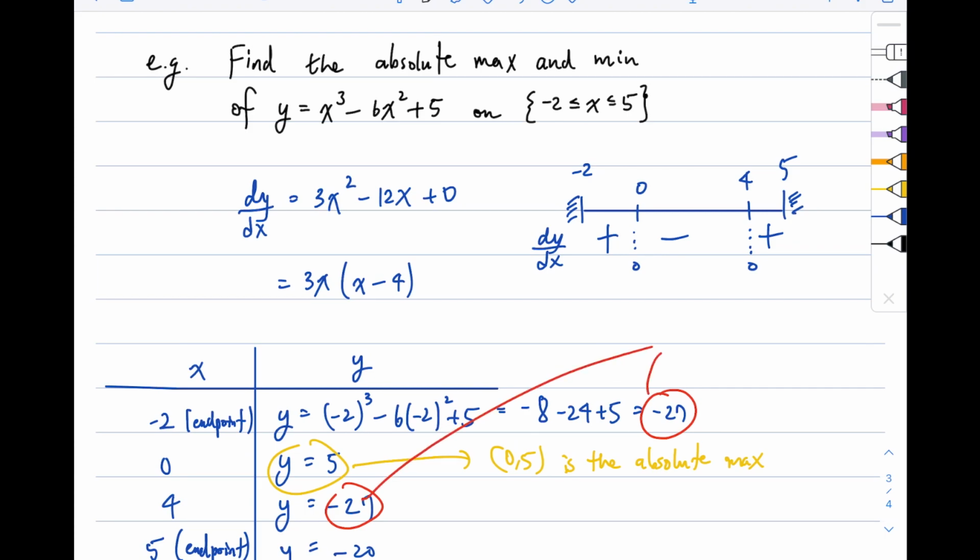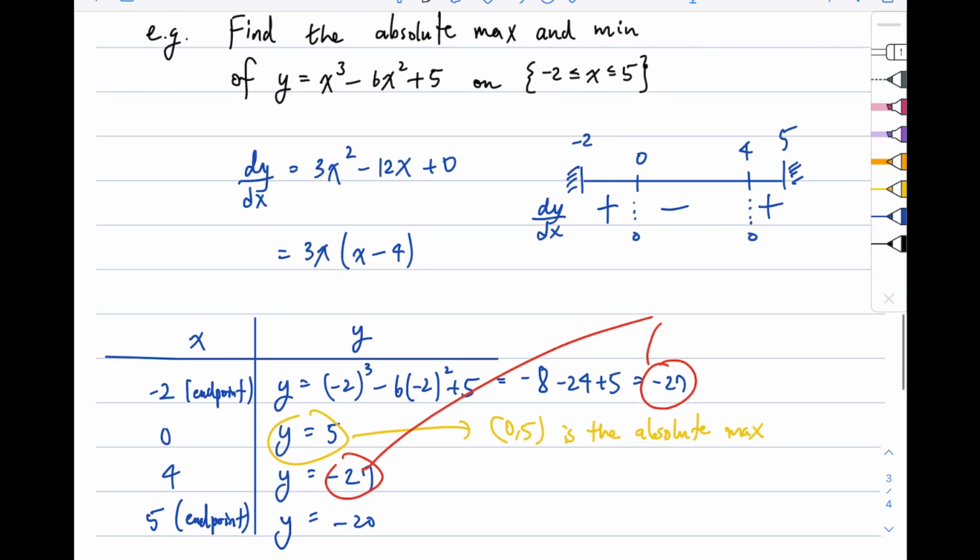We're going to have 2 points that are absolute minimums: -2 comma -27 and 4 comma -27. These are both absolute mins, or absolute minimums.